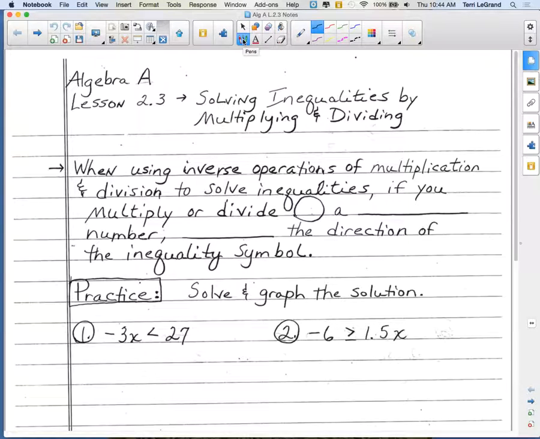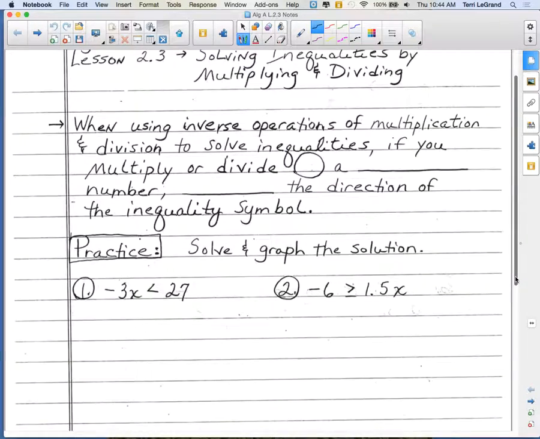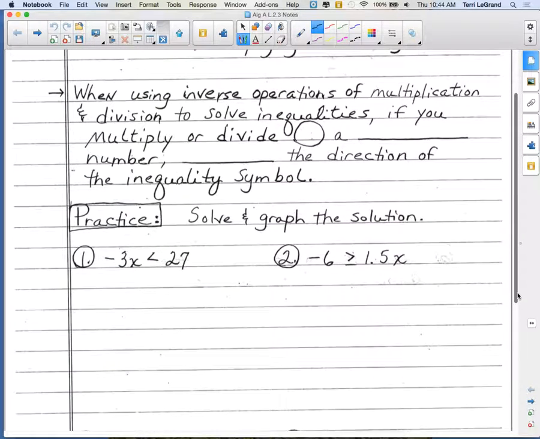So as we are solving our inequalities today using multiplication and division, we absolutely have to keep in mind that when we're using our inverse operations of multiplication and division to solve, if we multiply or divide by, and the reason I circled that is because the number that you're multiplying by or dividing by, that's the number that's important.